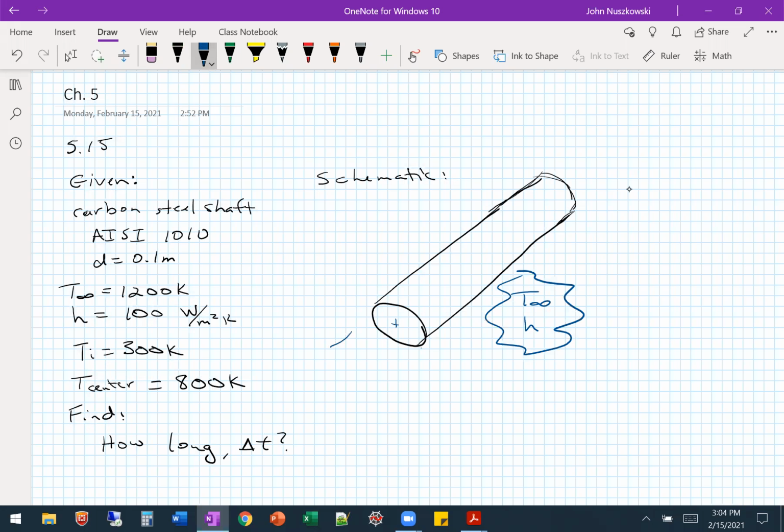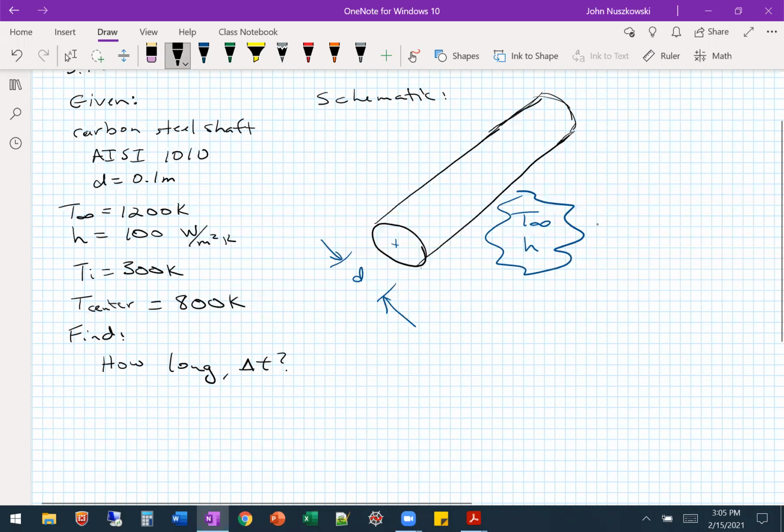We have a diameter. So where do we start? Any ideas?